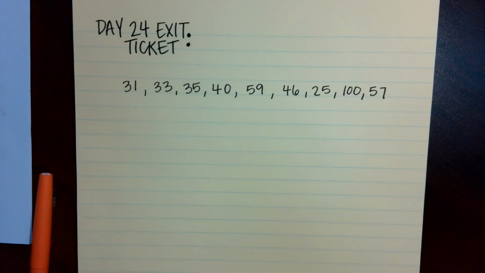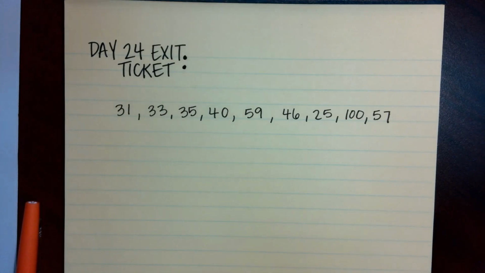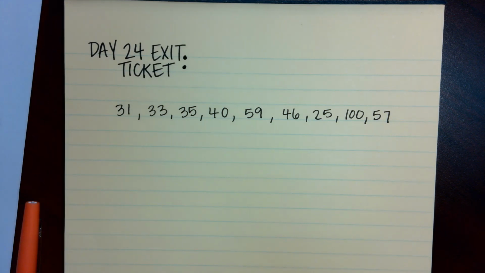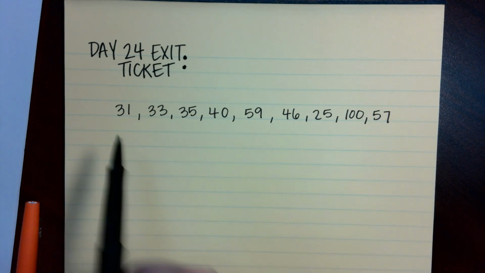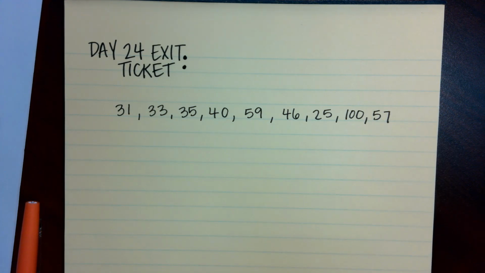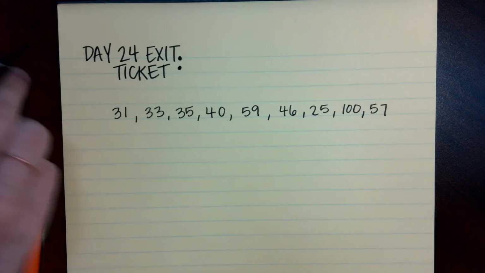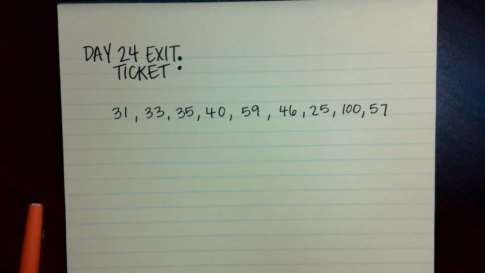Okay. Before you make your box and whisker plot, please remember the step 1 that we did not have to do with the last set of data. Your numbers have to be in order. If they are not, it's going to mess it up real bad. So I'm going to give you boxes to fill out for each thing.